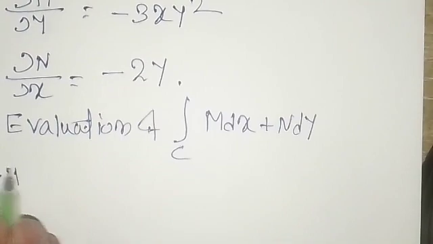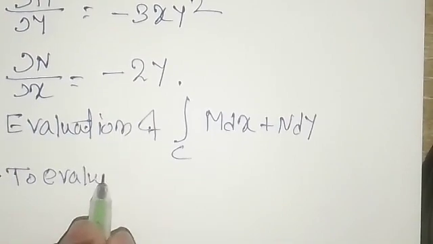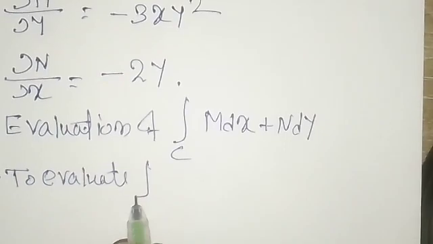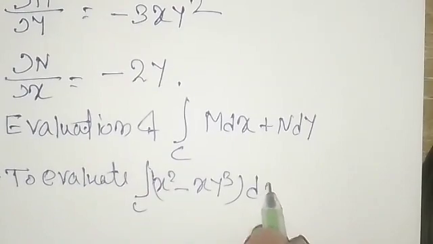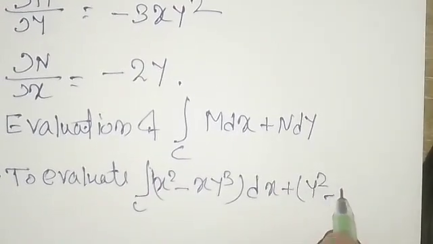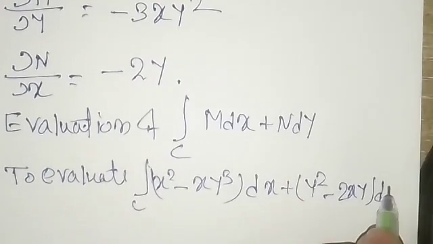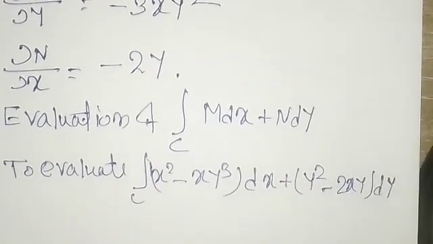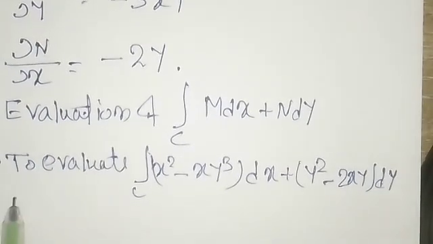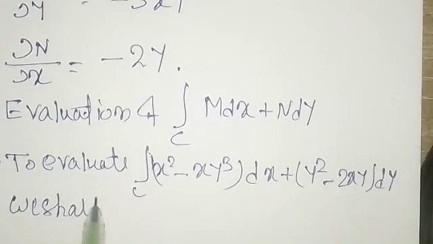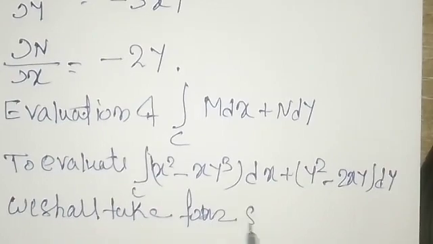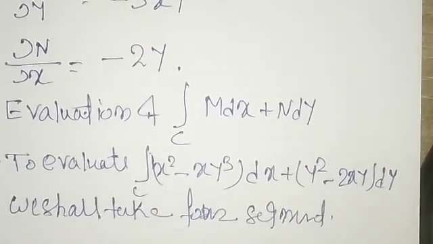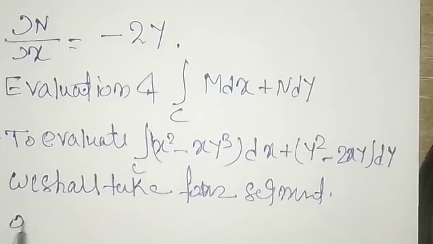To evaluate the given integral over the curve of (x square minus xy cube) dx plus (y square minus 2xy) dy, we shall take four different segments.